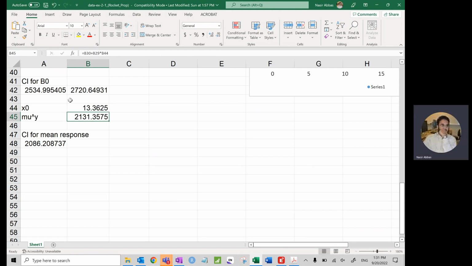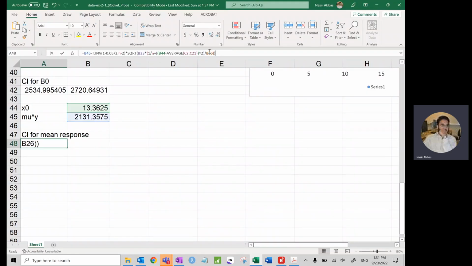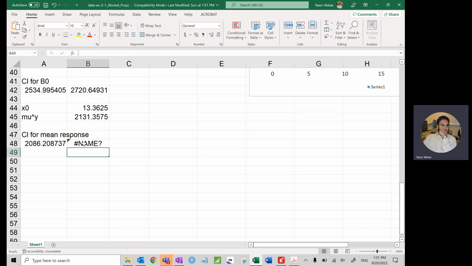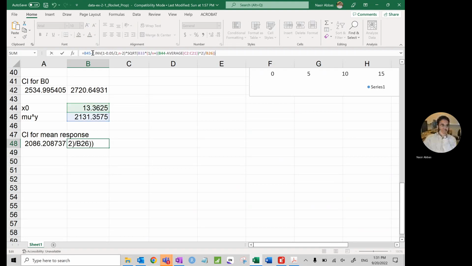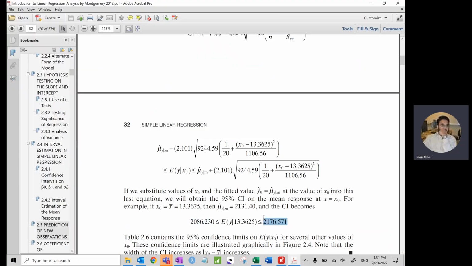No, I'll substitute it. So the lower limit is 2086. Is it same? Yes, 2086. And the upper limit, I'll copy the same thing with a plus sign. And this will give me the upper limit, which is 2176.